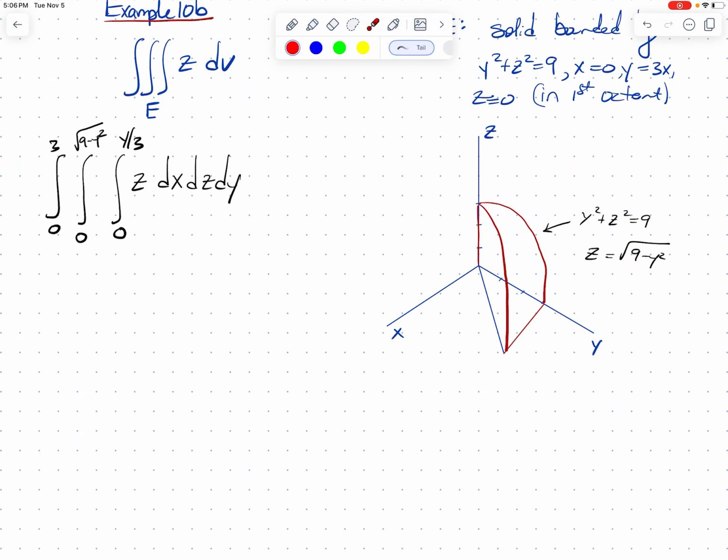And when you actually go and work this thing out, it's really not too bad. You want to integrate z with respect to x. And so we're just going to get the integral from 0 to 3, 0 to square root of 9 minus y squared, of z x, and I evaluate x from x equals 0 to x equals y over 3, dy.